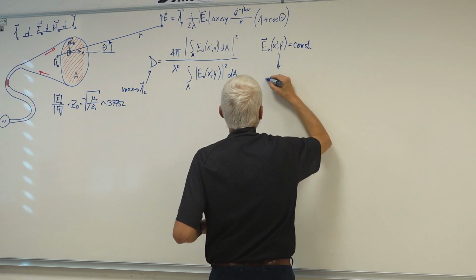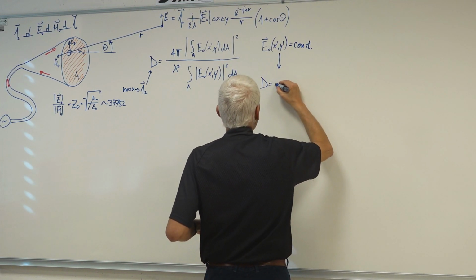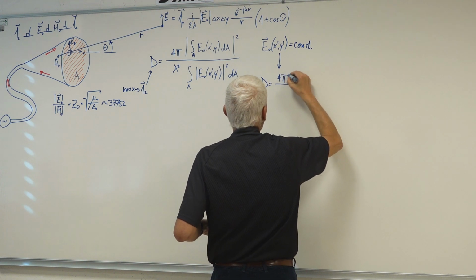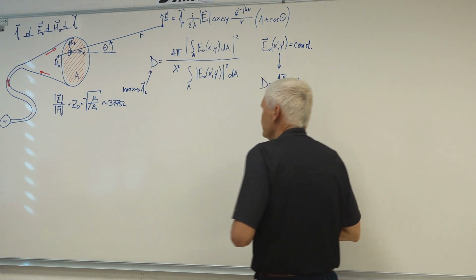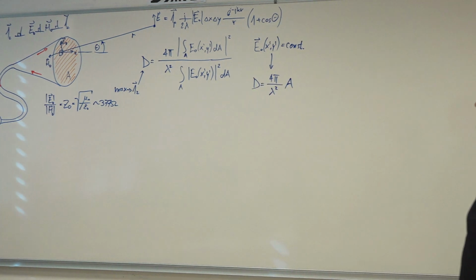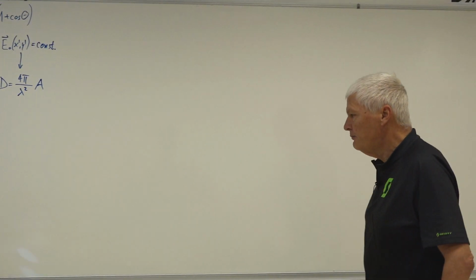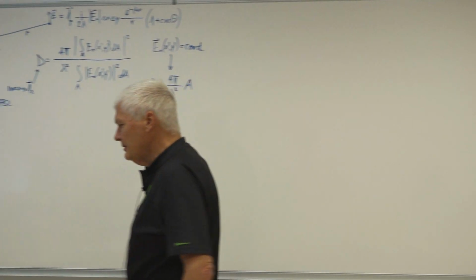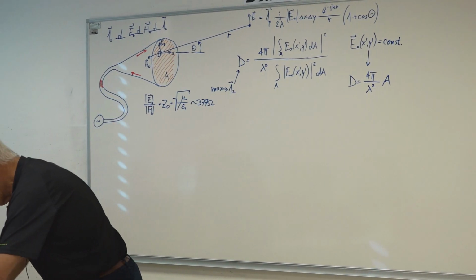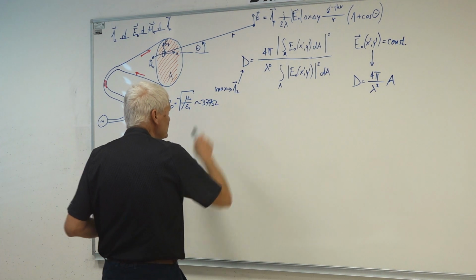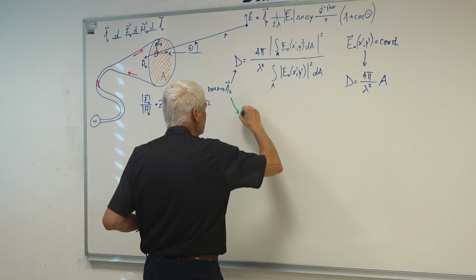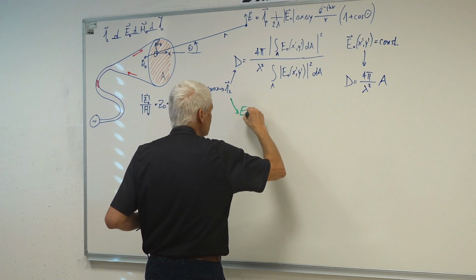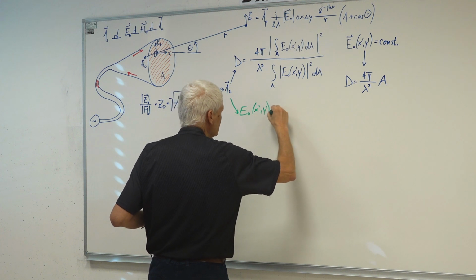It simplifies into directivity is 4 pi over lambda squared times A. In fact, we defined a few new quantities last time. If we still have radiation in the maximum 1z, but say that the illumination of this aperture of x prime, y prime is not constant.